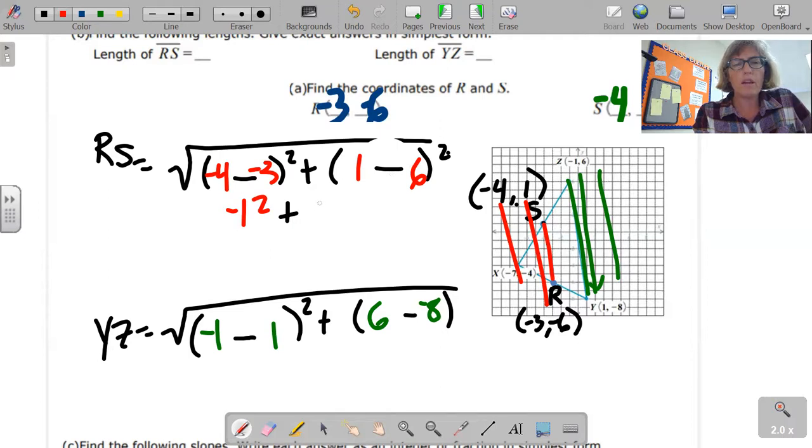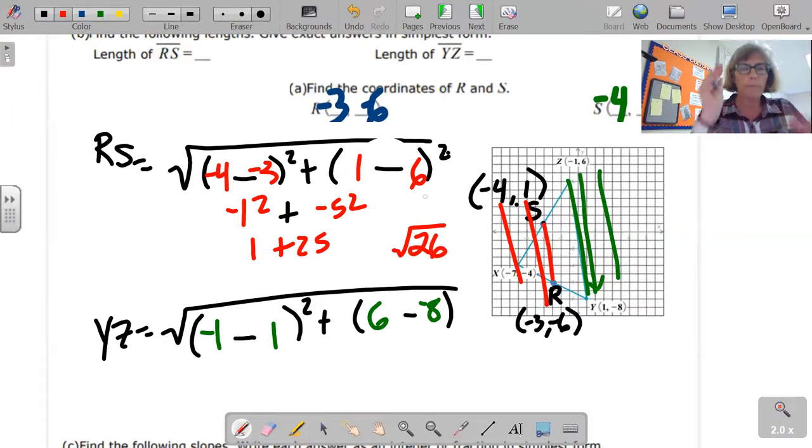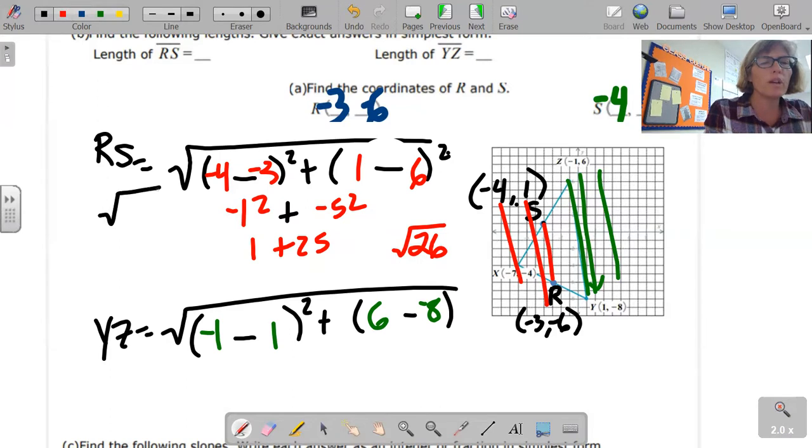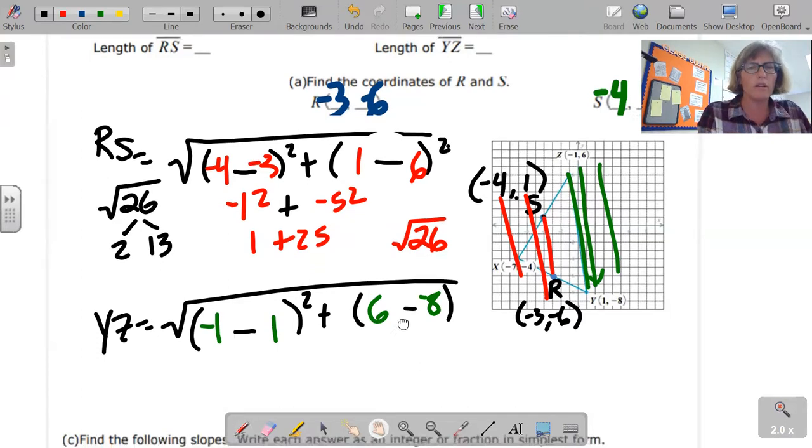That's going to be -5 squared. We end up with 1 plus 25. So RS is going to be square root of 26. Ta-da! You can't factor 26 because it's just 2 and 13. They're both prime, so that stays root 26.